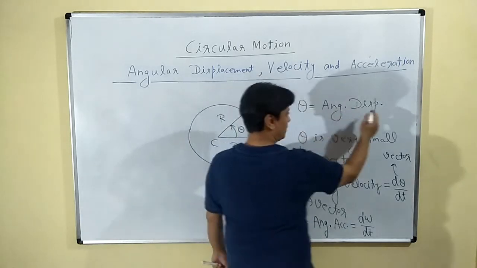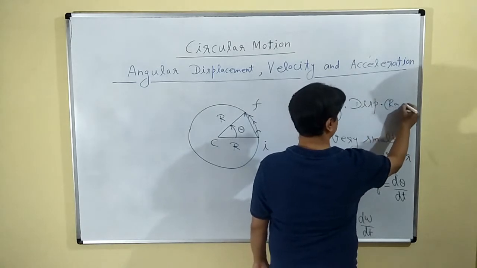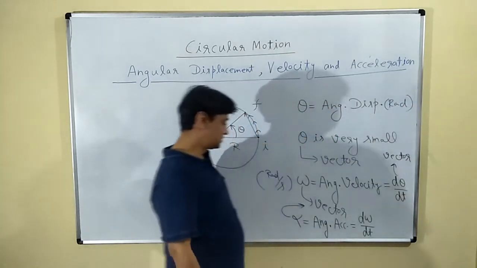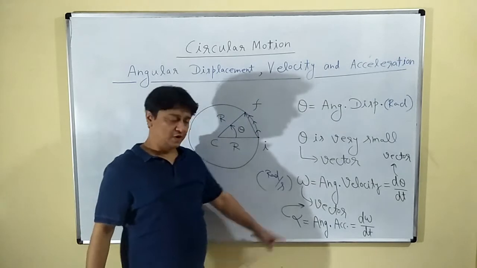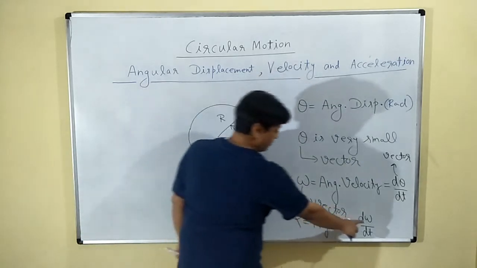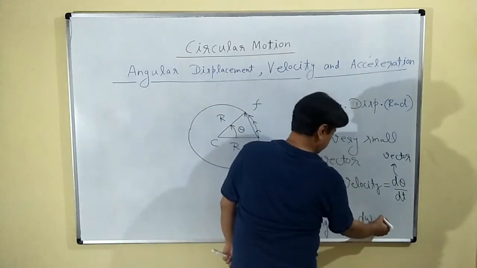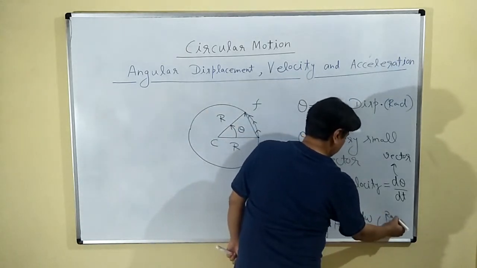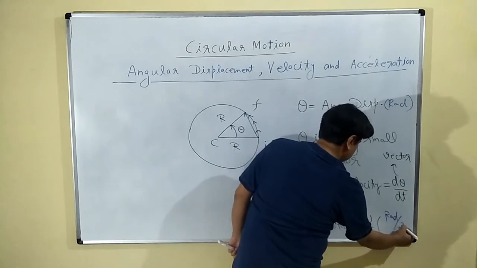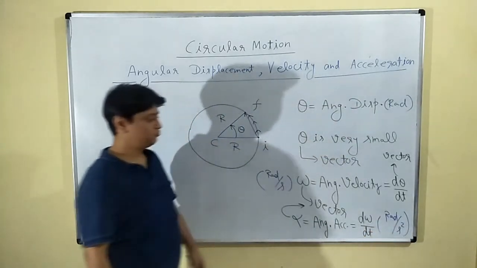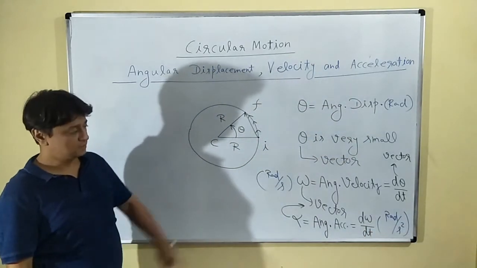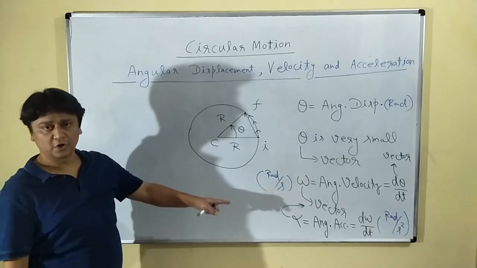What is angular displacement? Its unit is what? Radians. What is alpha? d omega by dt. What is omega? Radians per second, and therefore this thing is coming radians per second square. That's what? Unit of alpha.